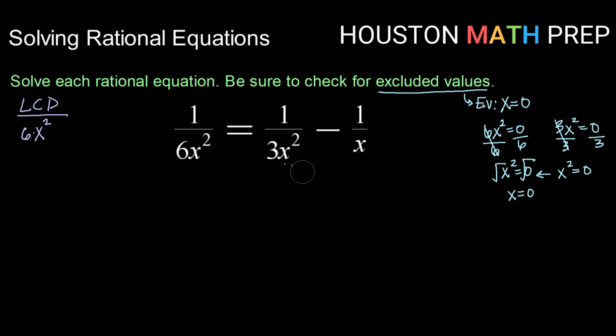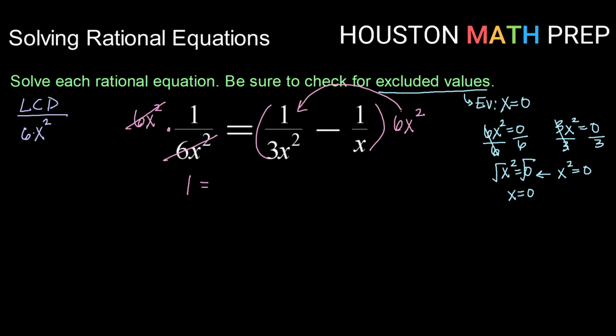That covers all factors that are involved here. So I'm going to multiply both sides by 6x squared. On the left-hand side, my 6x squared cancels out with my 6x squared, and I am just left with 1.